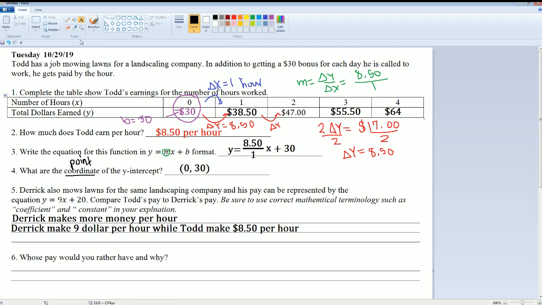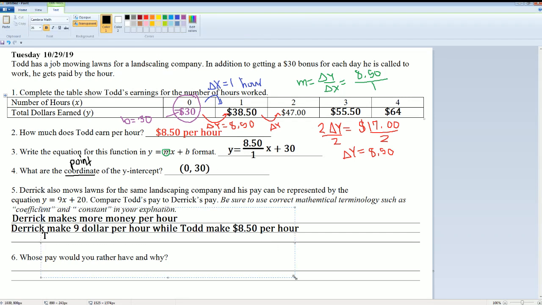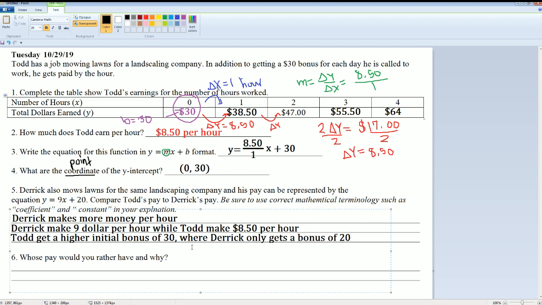But Todd gets a higher initial bonus of $30, which is the y-intercept, whereas Derek only gets a bonus of $20.